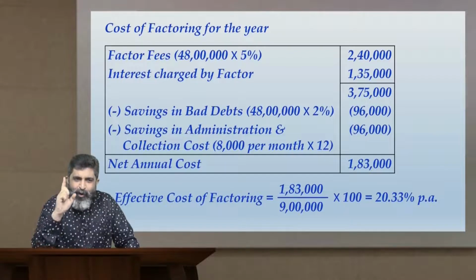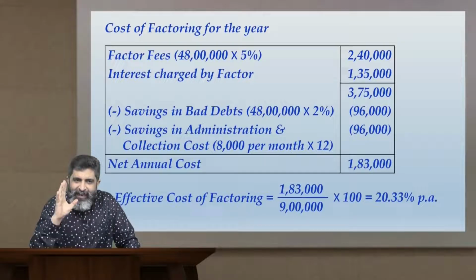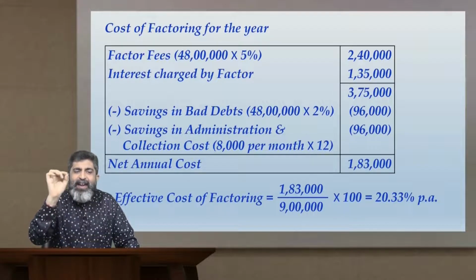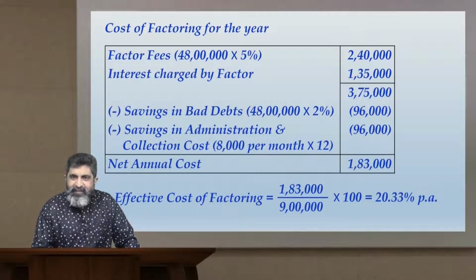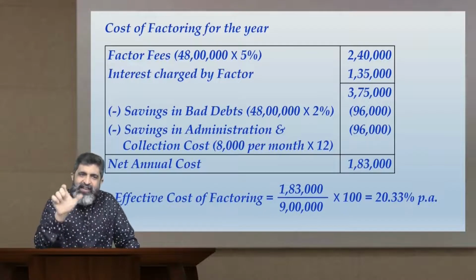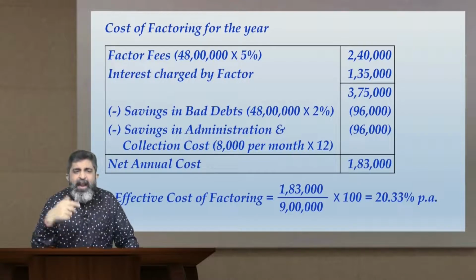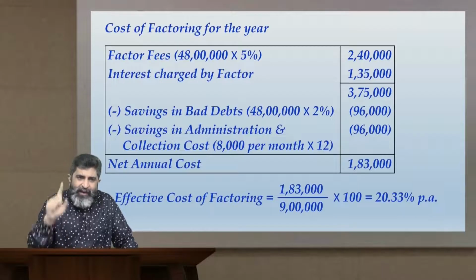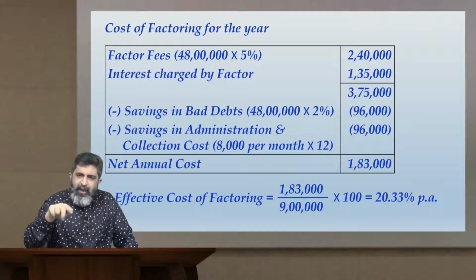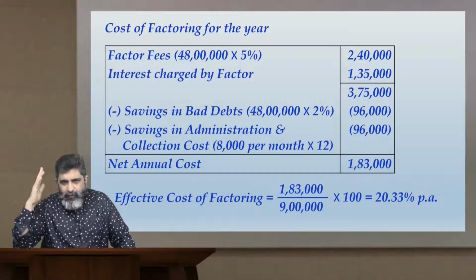So at any point of time during the year, the factor advance will never go beyond 9 lakh rupees. That is why when you compute interest for the entire year, it is 9 lakhs into 15% for the entire year. And if you want to make the calculation for one cycle, then it will be 9 lakhs into 15% into 3 by 12.